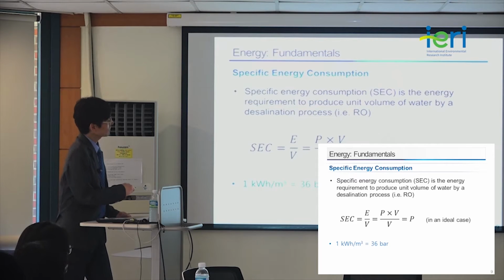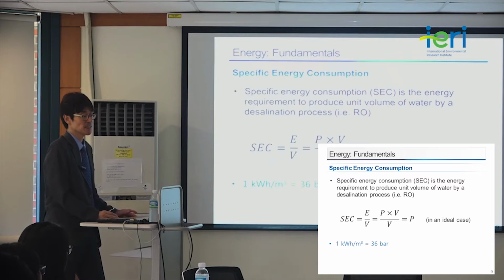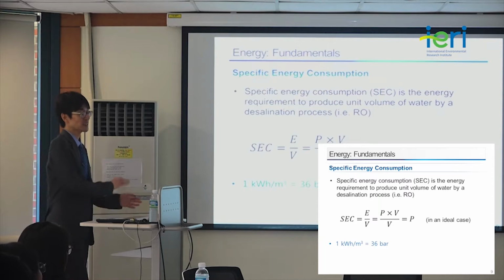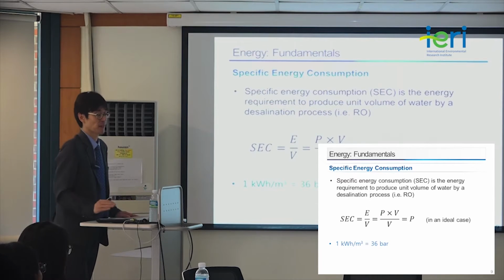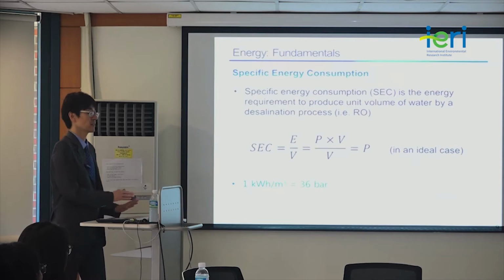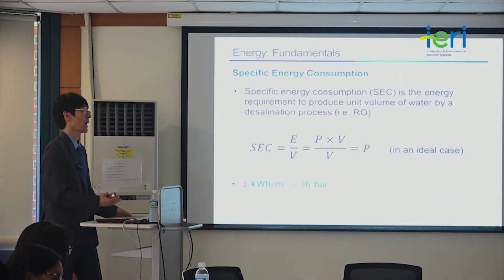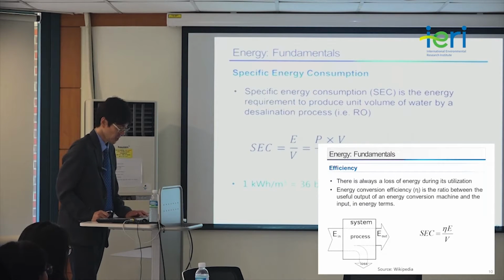So if you have a desalination process with an applied pressure of 72 bar, it means that such a desalination system spends at least 2 kilowatt hour per cubic meter. That's the thermodynamic minimum value. So you always have to follow this baseline. This is why I'm emphasizing this concept.